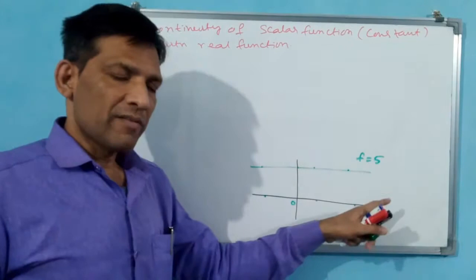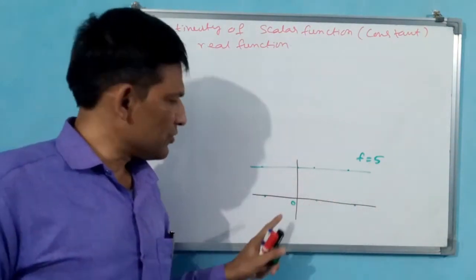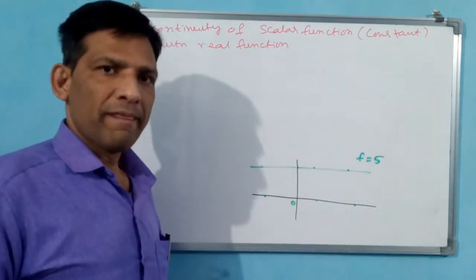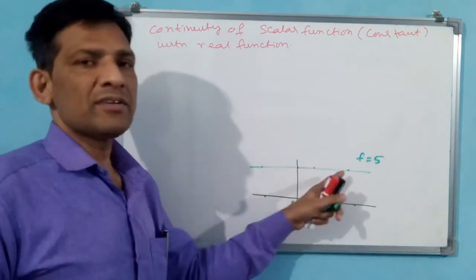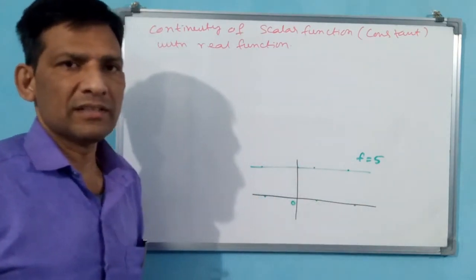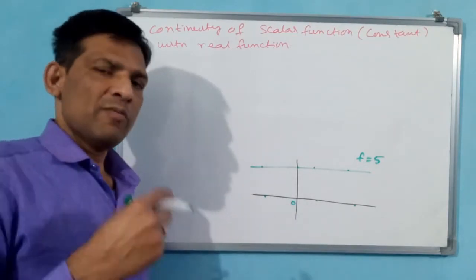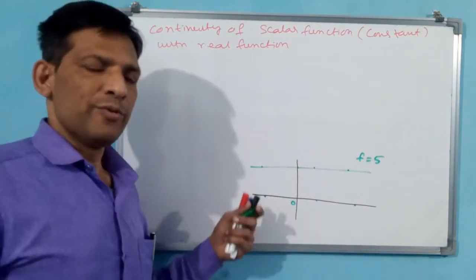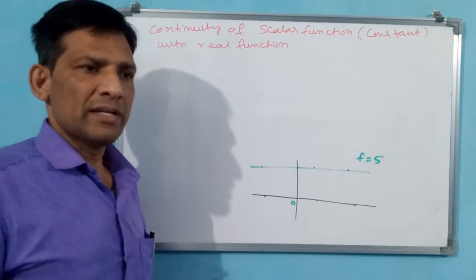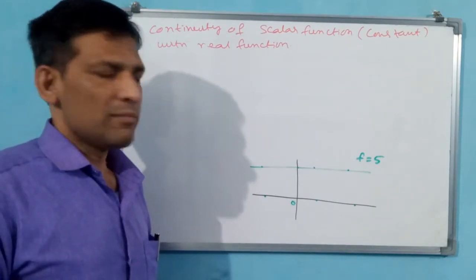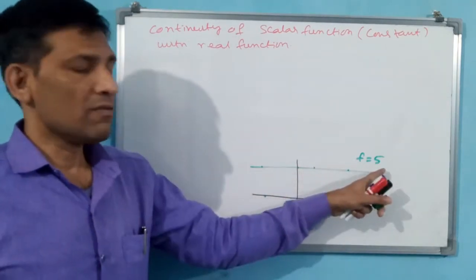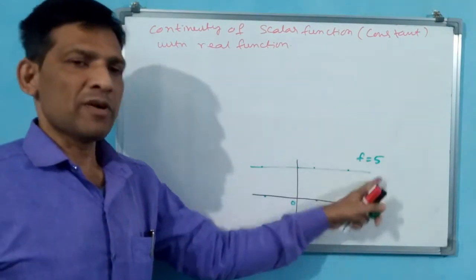For a constant function or scalar function, is the value going to change with input? No. That is why it is called scalar function or constant function. Constant function value is fixed. Whatever you give as input, input may be x, input may be y, input may be anything, the scalar function output is 5, means 5, that's all.